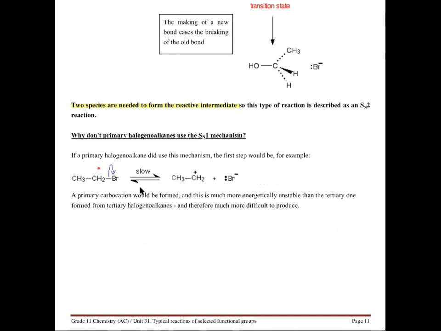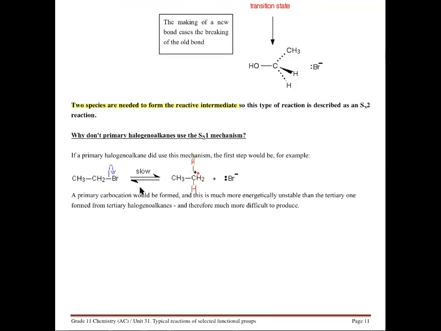If this bromine just leaves and forms the bromide ion, this carbocation would have one hydrogen here, one hydrogen here, and the positively charged carbon would not be stabilized by alkyl groups. There is only one alkyl group here. There is no methyl group at this position or this position to donate electrons towards this positively charged carbon in the center.